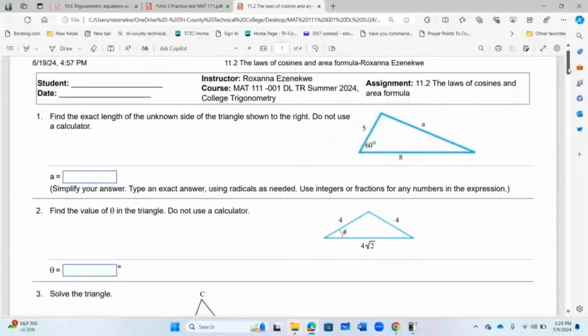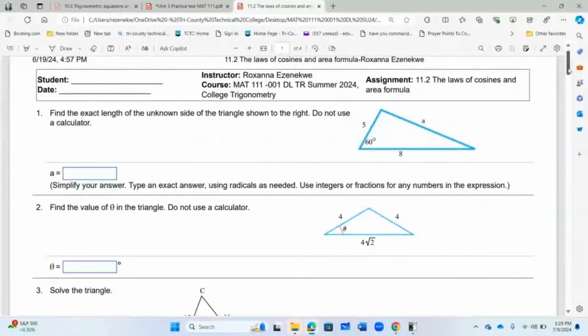Find the exact length, this is number one, of the unknown side of the triangle below. In this one, we can actually use the sine rule, but it says find the exact length of the unknown side. Oh, there's an unknown side. That's why I have to use cosine.